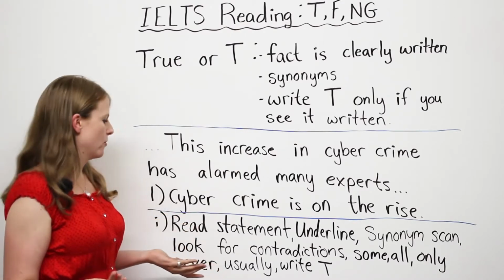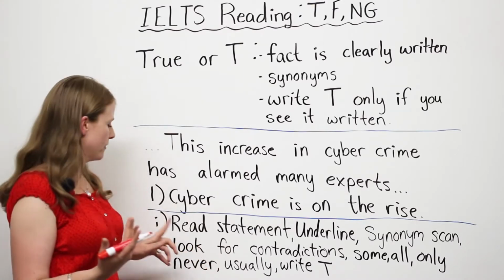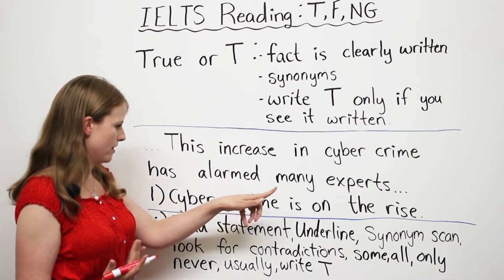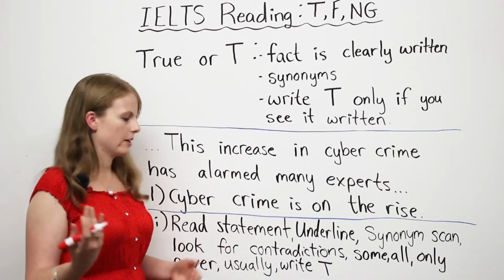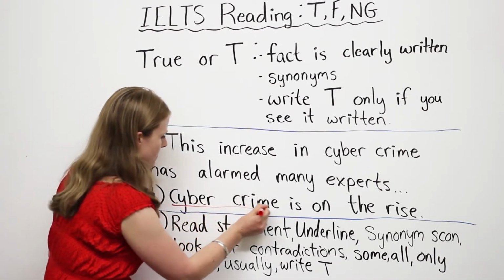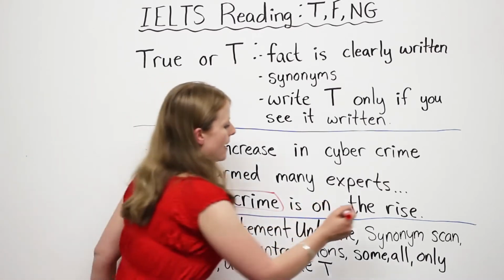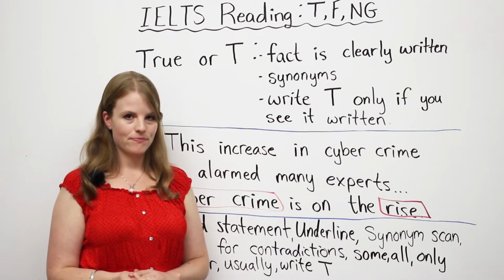So how do you know if it's true, false, or not given? My advice to you is first, read the statement, cybercrime is on the rise. Underline any keywords. Cybercrime, this is a keyword, is on the rise. That's a keyword, okay?